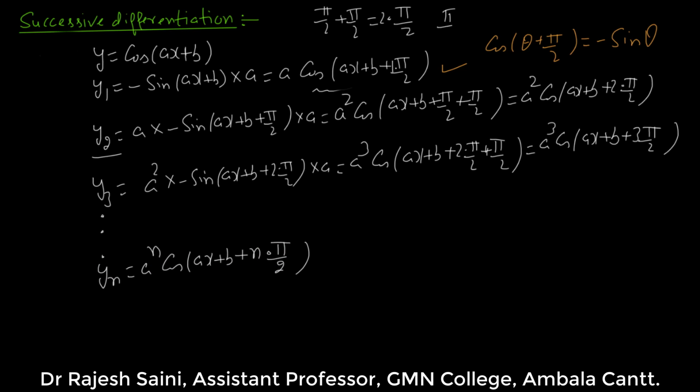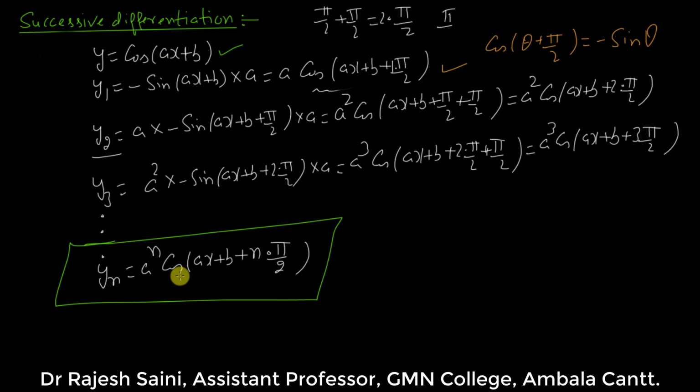So this is the nth order derivative of y is equal to cos ax plus b, and how will we commit it to memory? The coefficient of x is raised n times, cos ax plus b as such, plus n times pi by 2. So as in the case of sine, we have written cos instead of sine, otherwise the formula remains the same.